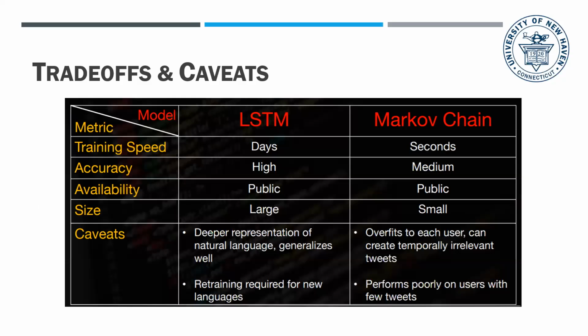And the trade-offs between LSTM and Markov chain. The LSTM took a few days to train on the data it has, compared to the Markov model, which took only a few milliseconds to train on the data.